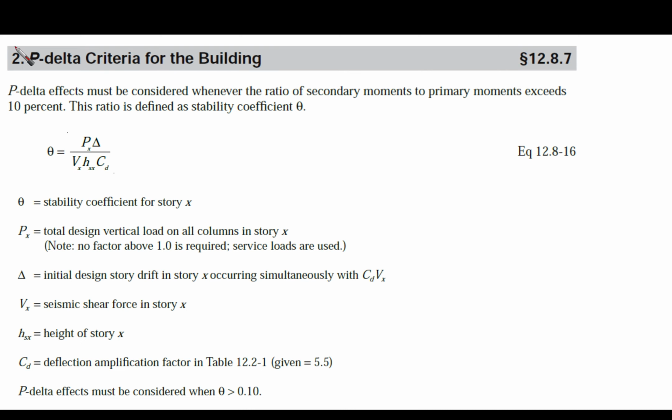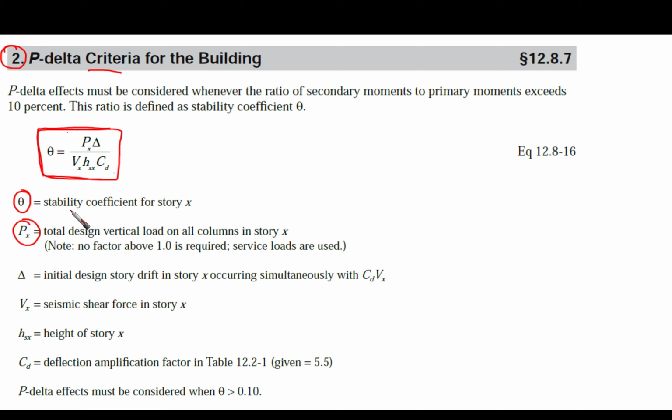The second requirement was the P delta criteria for the building. Whenever we say P delta criteria, it means that we want to check the stability coefficient, as we have explained in the previous video in detail. So all the letters here, we already have explained in detail in the previous video. Just a reminder for you, we have theta, Px.